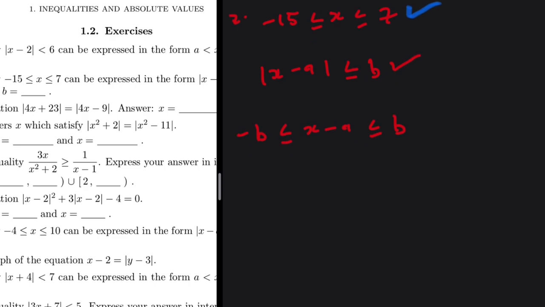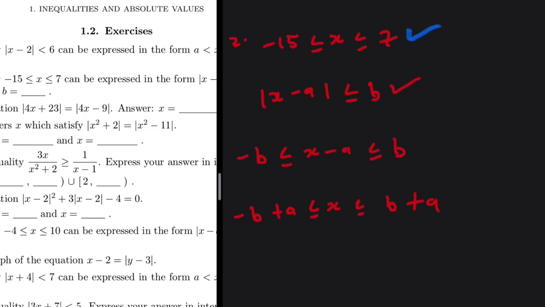And then making x the subject of the formula, so to say, we would have minus b plus a being less than or equal to x, and x is less than or equal to b plus a. So we have b plus a.